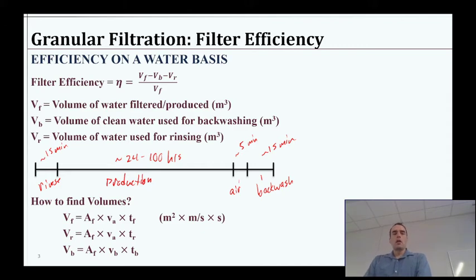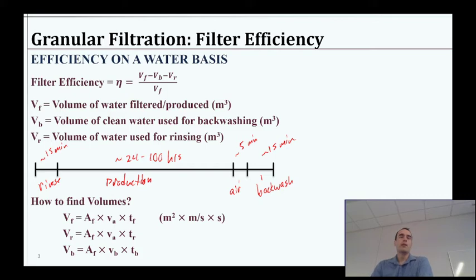So then in terms of the efficiency of the water, we have this equation where we have nu as our parameter, equal to the volume produced during filtration minus the volume wasted for backwashing and the volume that we couldn't use for the rinsing.